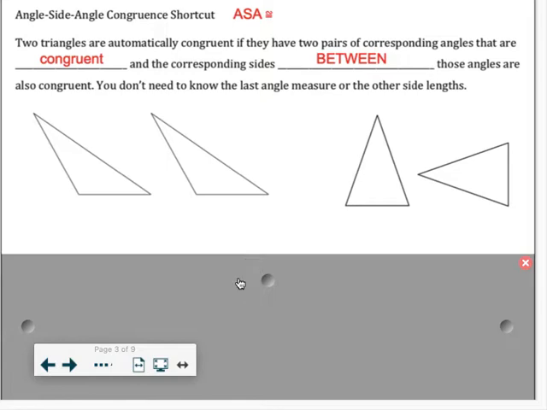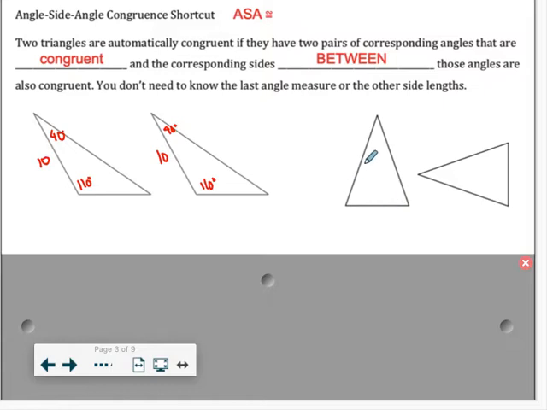So some examples here might be, I might give you 2 diagrams. This one is 40 degrees, 10 centimeters, 110 degrees. And then this triangle was 10 centimeter side, 40 degrees, and 110 degrees. So that's angle, side, angle, angle, side, angle.